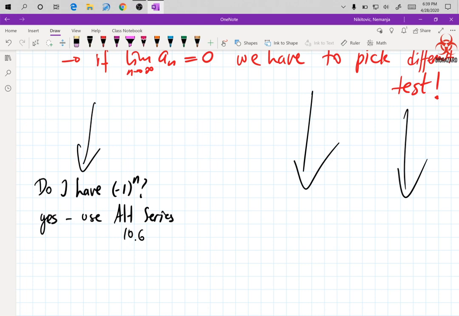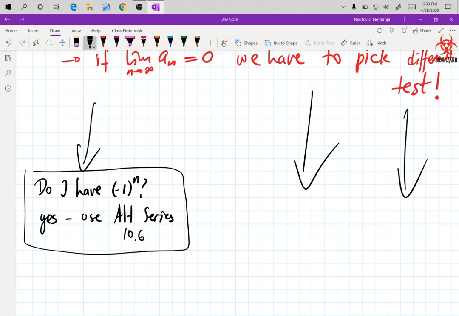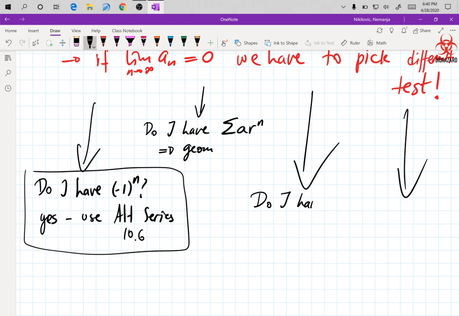That could be one possibility. You can say, do I have the summation of ar^n? Because then it's geometric. Do I have a_{n+1} minus a_n, because then it's telescoping. Both of these are 10.3.